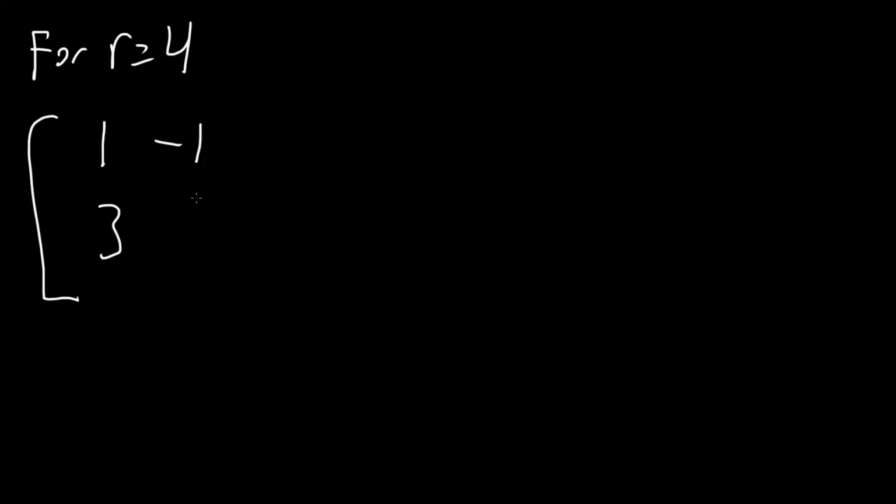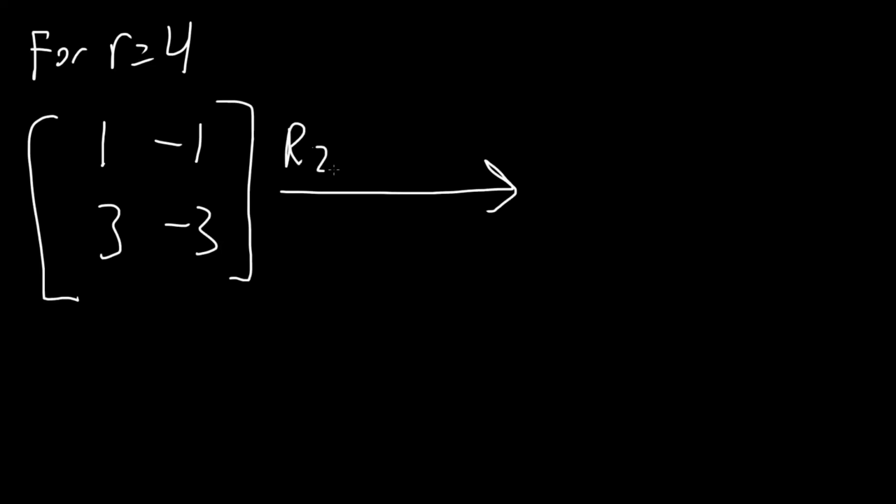So for r is equal to 4, we have 1, 3, negative 1, negative 3, and we do the row reduced echelon form by saying R2 is equal to R2 minus 3R1.